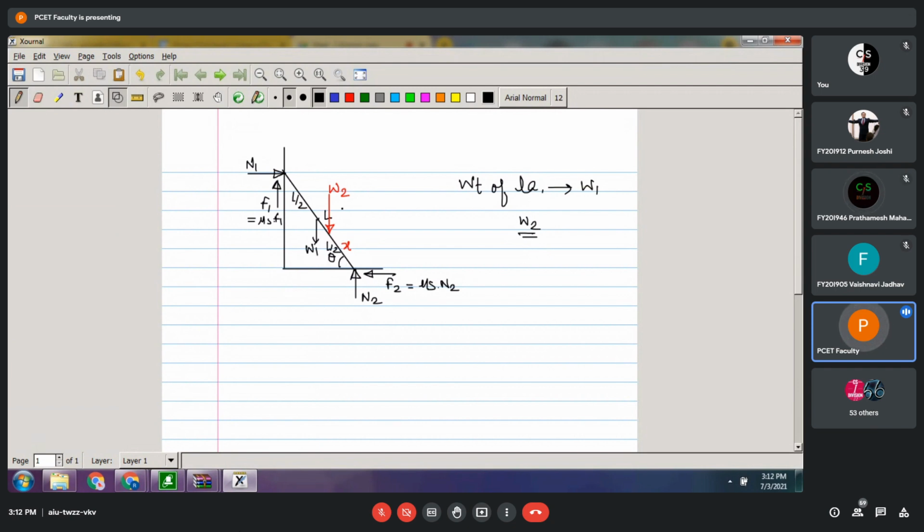This ladder will lose its equilibrium. It will lose its static condition and obviously it will slip down. So up to this point is the last distance up to which your ladder will be in equilibrium, so we can apply our equilibrium conditions. Is it clear to all?